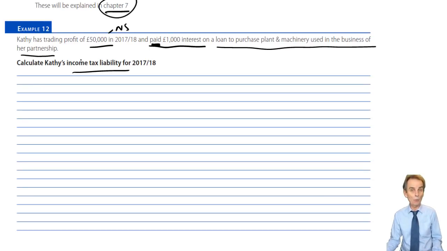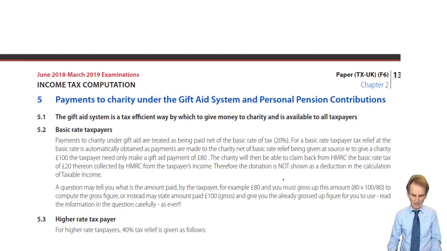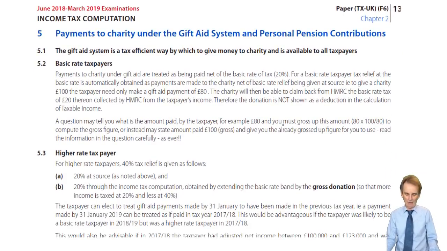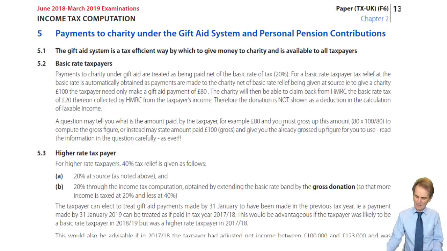So again, I'd ask you to pause at this particular point in time, work that through, check it against the answer in the back, hopefully with no problems, and then rejoin us, where we'll move on to the more interesting, and certainly more difficult, area so far as this session is concerned, and one of those concepts that is possibly more difficult to get our heads around as well. So you might want to take a little break at this point, not just to work that example, but to get your head clear for what's coming up as well.